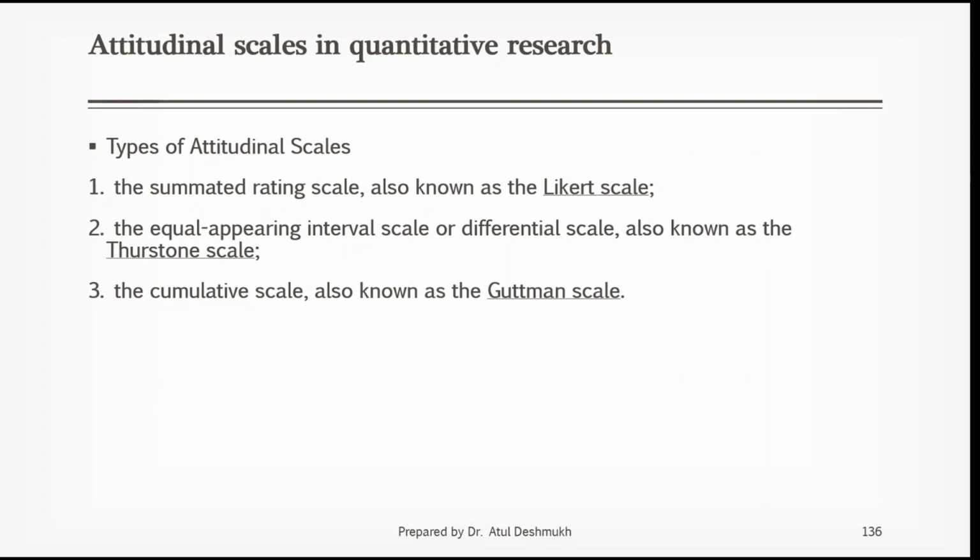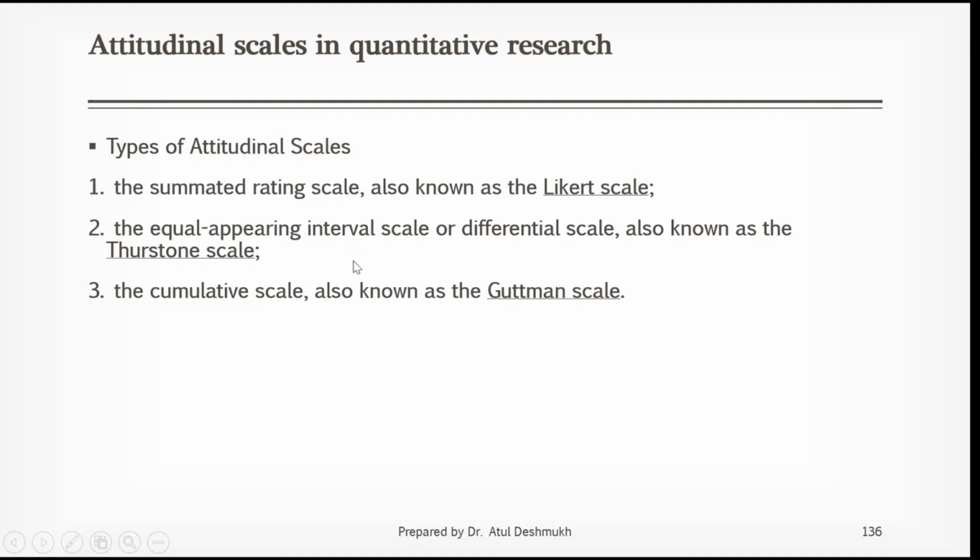The most commonly used scale is the Likert scale, also called the summated rating scale. It is based on the ordinal scale, as you will come to know once we go into details. Second is the Thurstone scale, which is based on the interval measurement scale, so the measurement scale applicable for the Thurstone scale is the interval type.